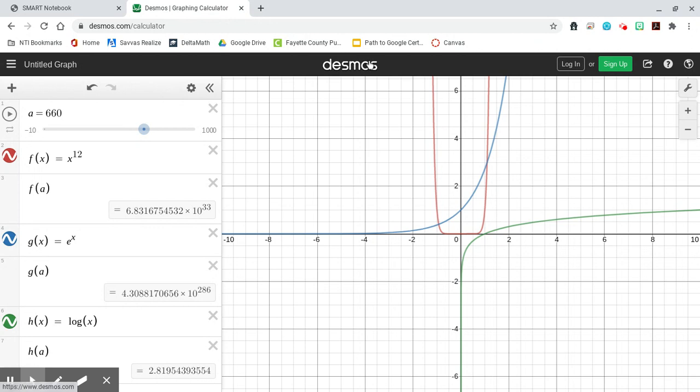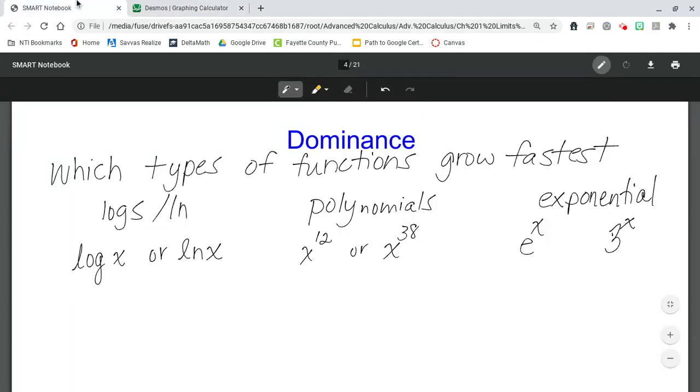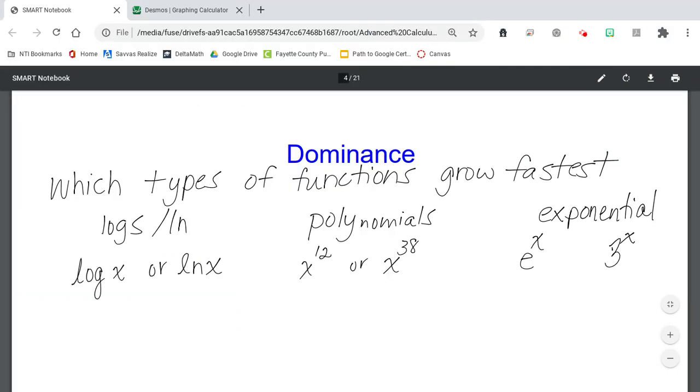Okay, so all of that is to say, when we're thinking about dominant functions and dominant terms, one thing you need to remember is that our log functions grow the slowest.